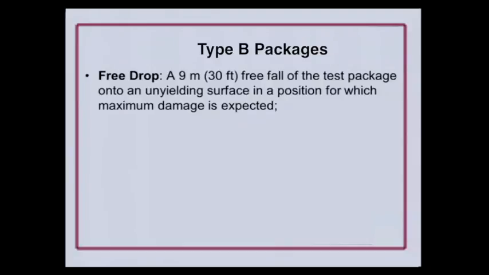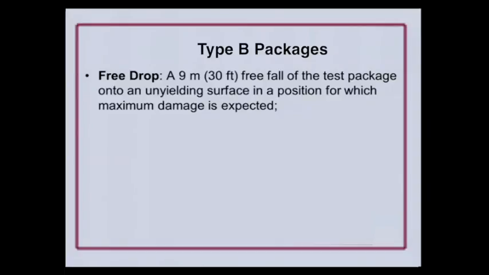I'm going to go over these, and then I'll come back and show you some pictures of the test. The free drop is a 30-foot free fall of the test package to an unyielding surface. That's an interesting description, but there's a defined construction of this unyielding surface that we'll look at.